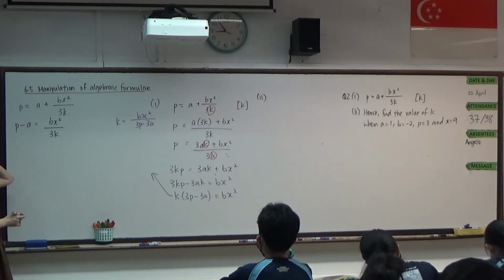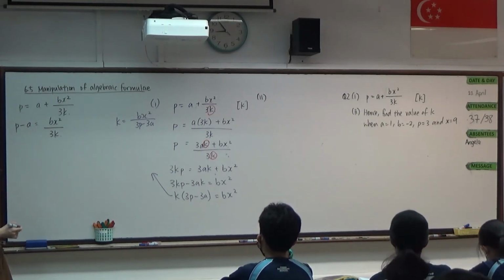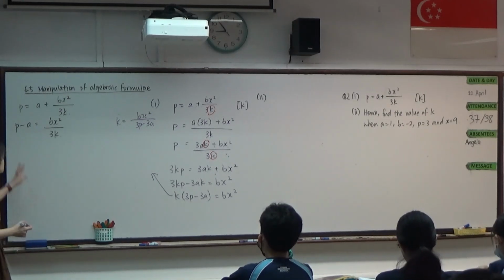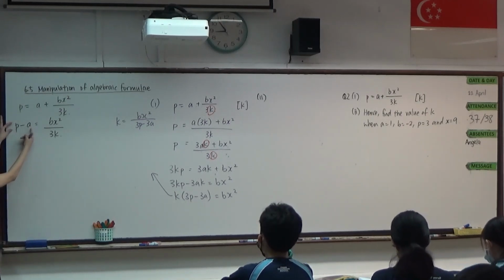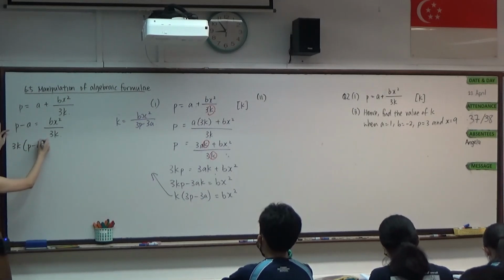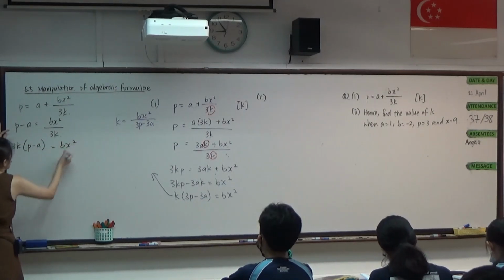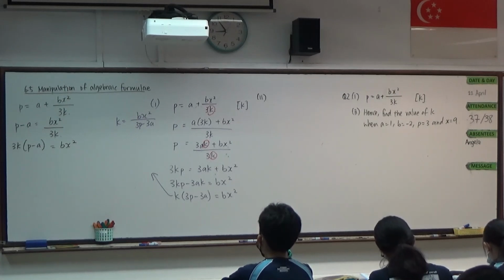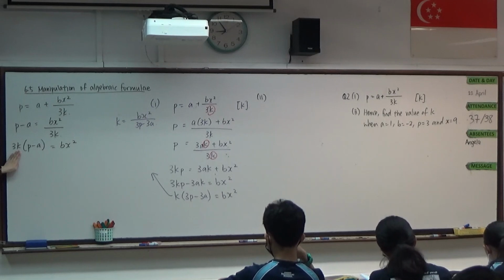K is to be the subject. Cross multiply, right? So P minus A we note it is together. So when we cross multiply, it will be 3K times P minus A equals to Bx squared. We want K to be the subject, so K is found here already.